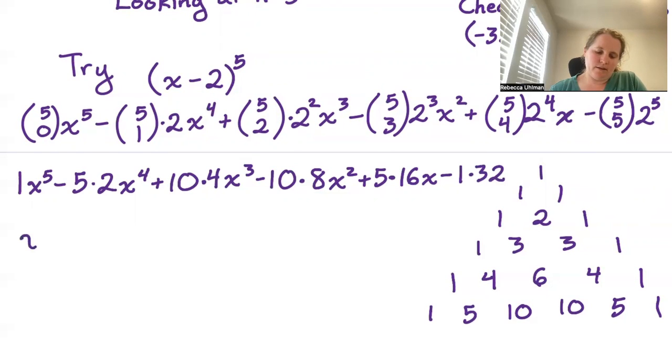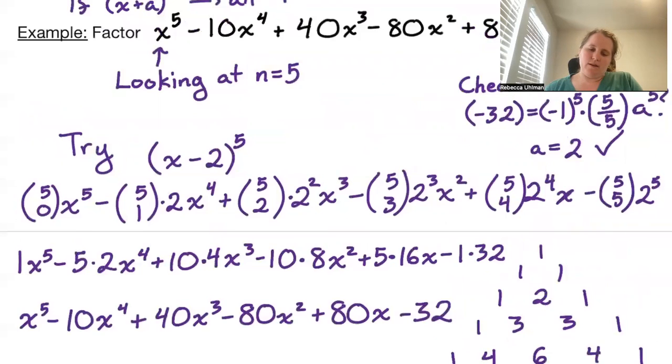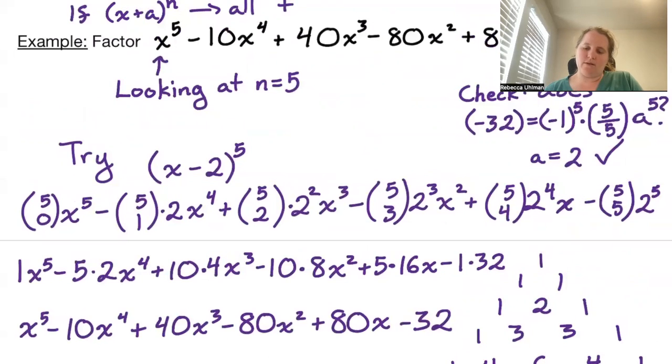And we get x to the 5th minus 10x to the 4th plus 40x cubed minus 80x squared plus 80x minus 32. This is precisely what we had started with.